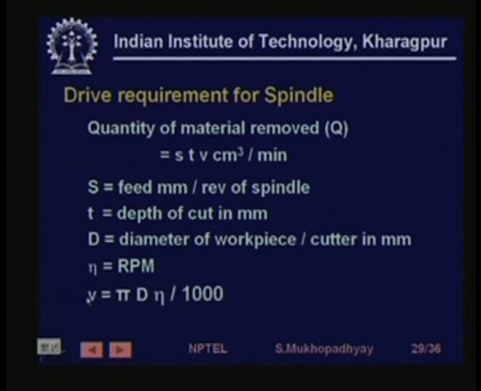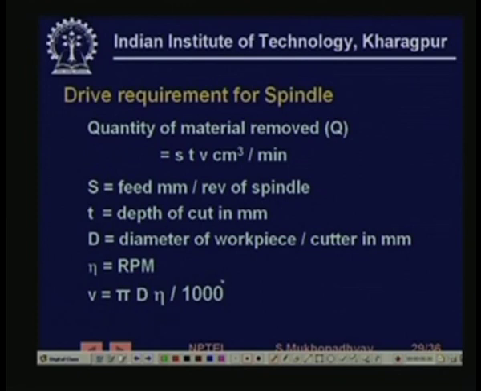Then linear velocity is naturally pi d eta by 1000. So this is the linear velocity. So, this linear velocity into S into T gives the quantity of material removed.